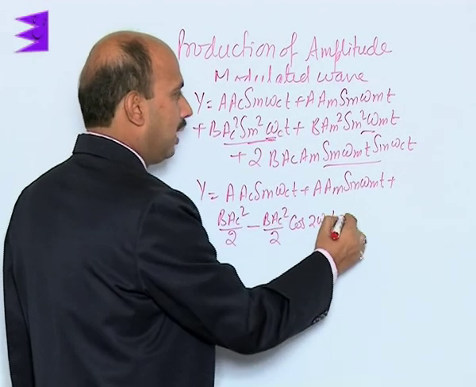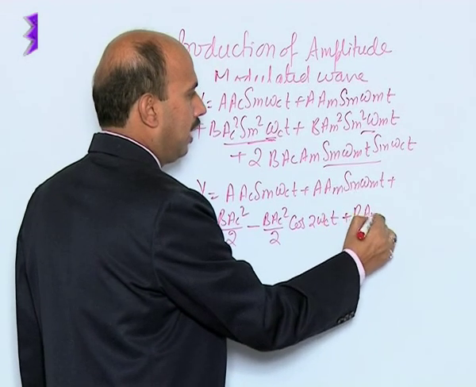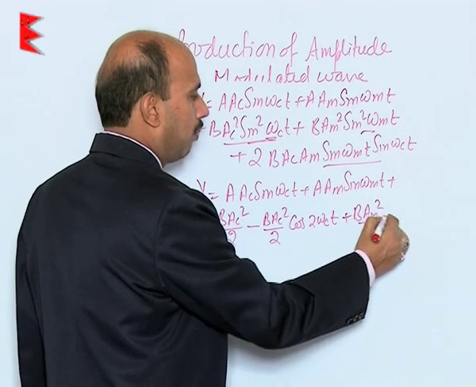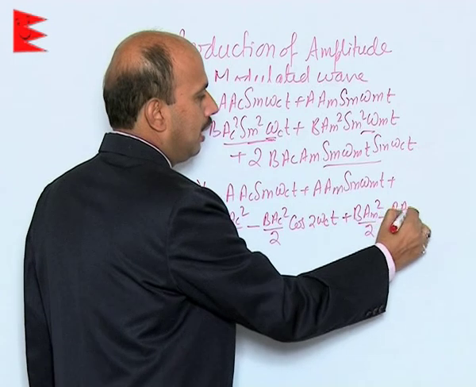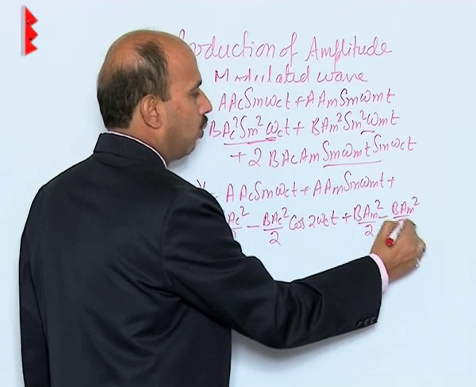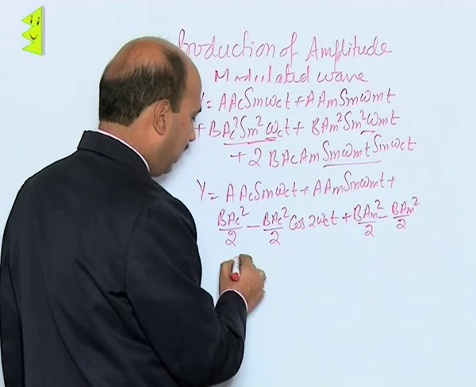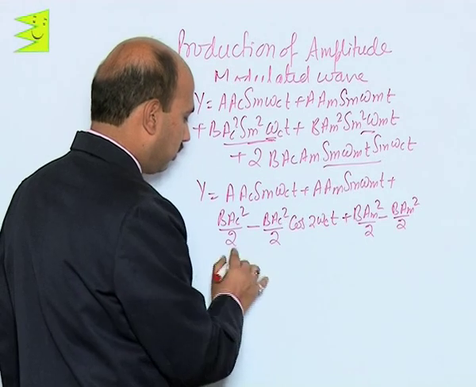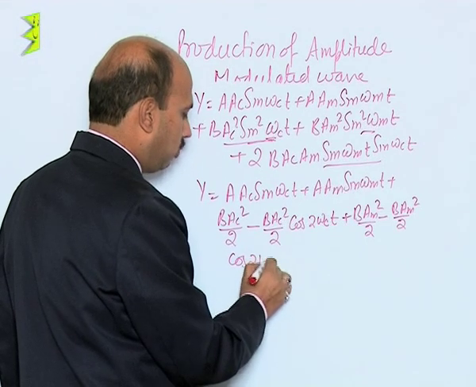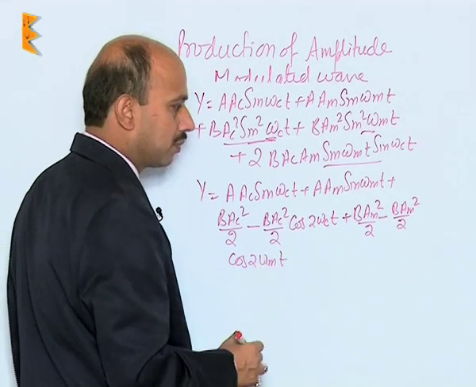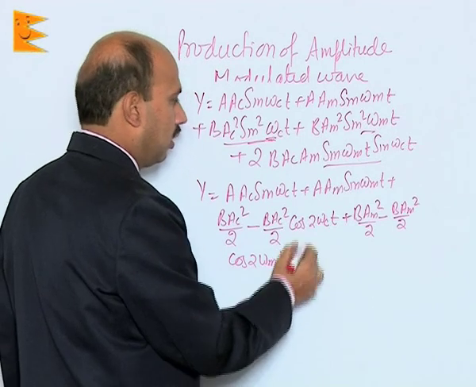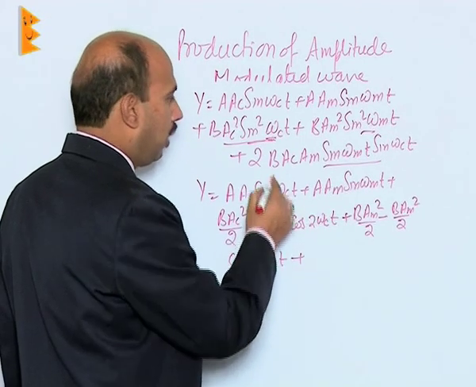Similarly, for this we get b Am squared by 2 minus b Am squared by 2 cos twice omega m t.